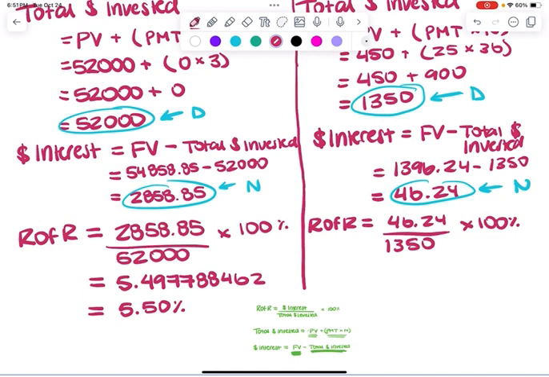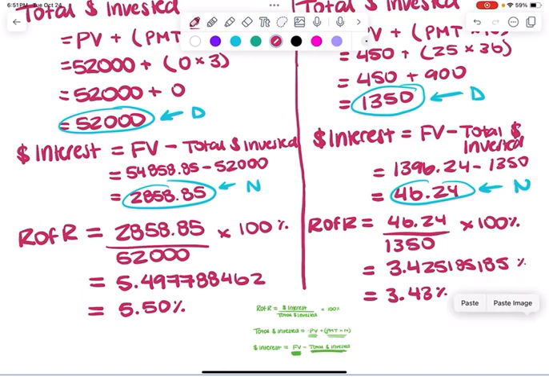Multiply by 100%, and I get a rate of return of 3.425185185%, or rounded to 2 decimals, 3.43%.